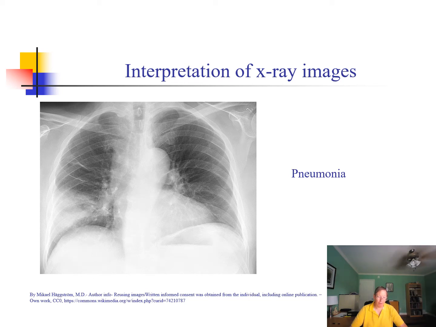There's an area of opacity. This is because this is a person that has a pneumonia. They have fluid inside the lung alveoli. Could also be blood, but in this case it's fluid.